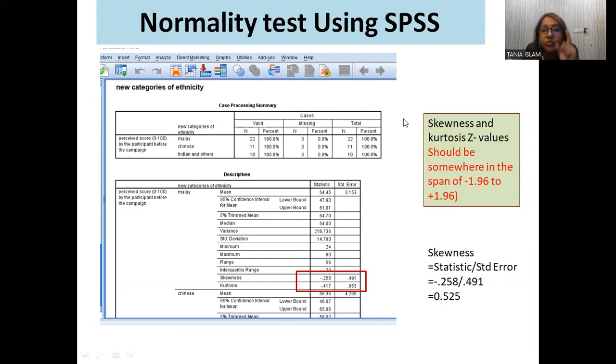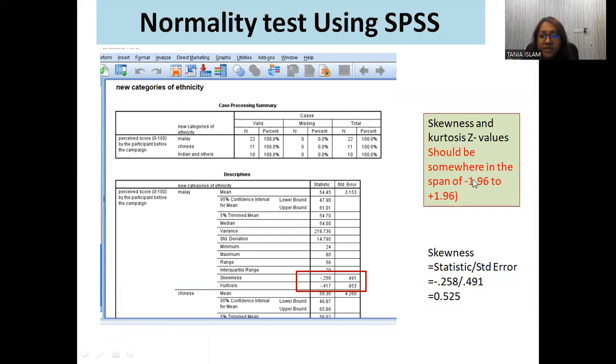Normally we will see the skewness and kurtosis Z value, okay. According to the rule, it should be somewhere between minus 1.96 and plus 1.96. How we need to calculate skewness and kurtosis by hand: you can see in the SPSS output, skewness statistic here and standard error here. For the skewness, you divide the statistic by the standard error, which shows 0.525.